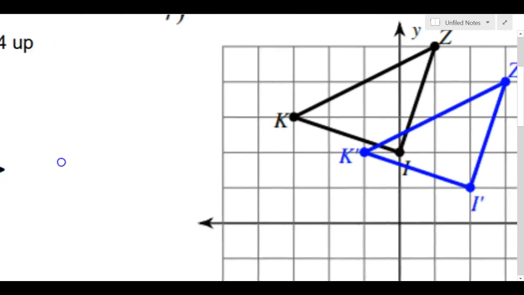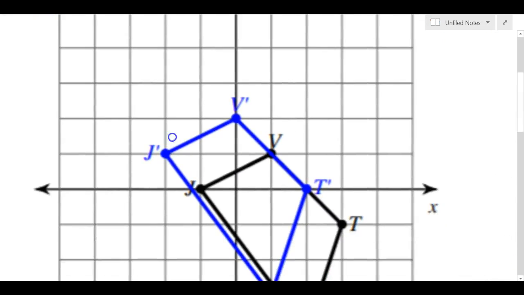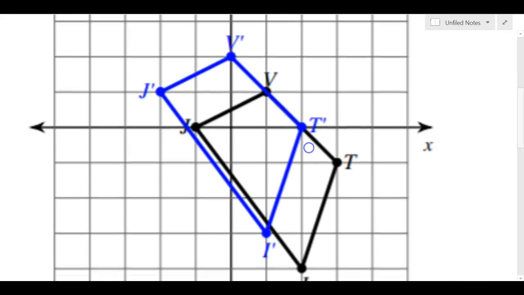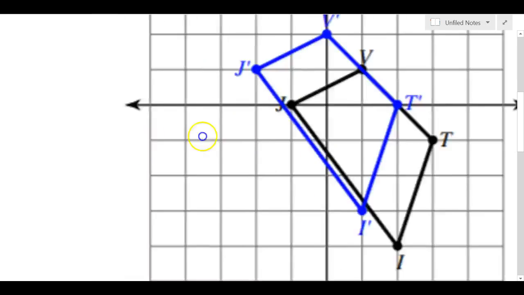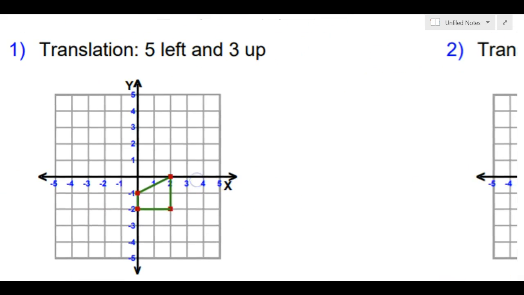But when we're reading translations, we can't just say, well, how far apart are these? It looks like about 2-ish. We need to measure point to point. So J to J prime, V to V prime, T to T prime, and so on. Don't try to skip any steps on this. It's going to make life a lot more difficult.